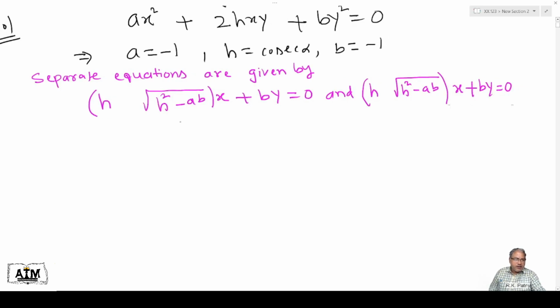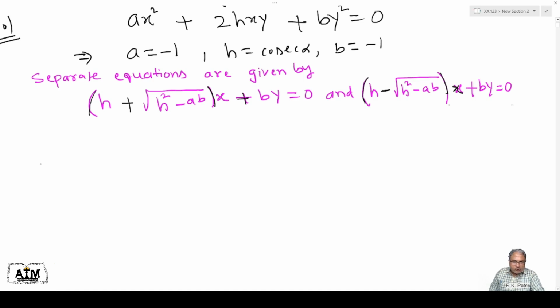Separate equation of the line is given by h plus under root of h square minus ab multiplied by x plus by equals to 0, and the second equation h minus under root of h square minus ab multiplied by x plus by equals to 0.